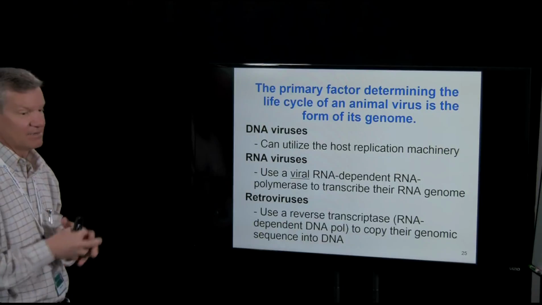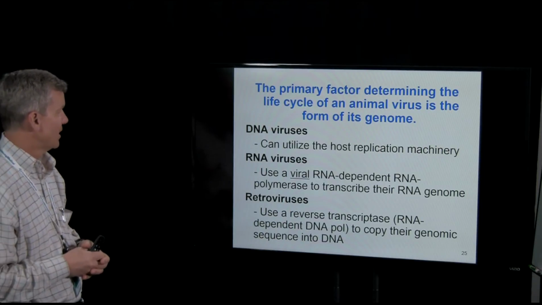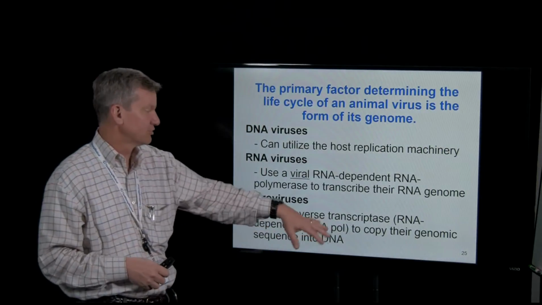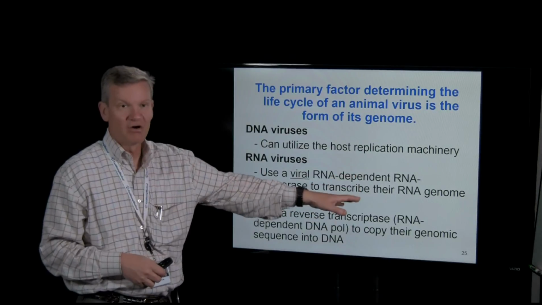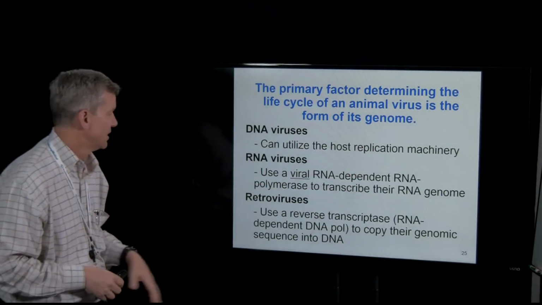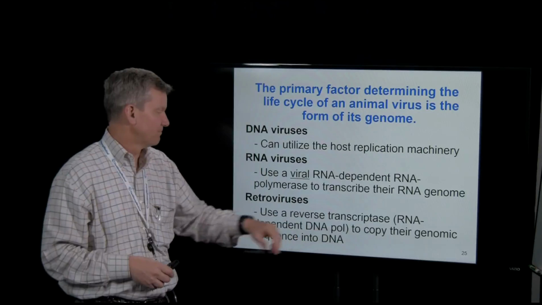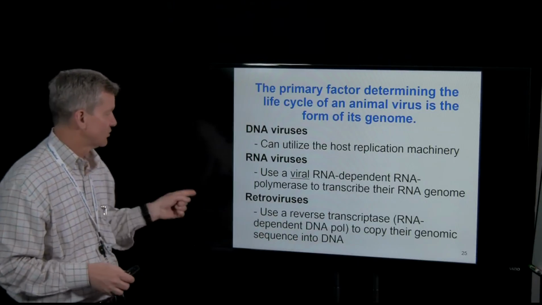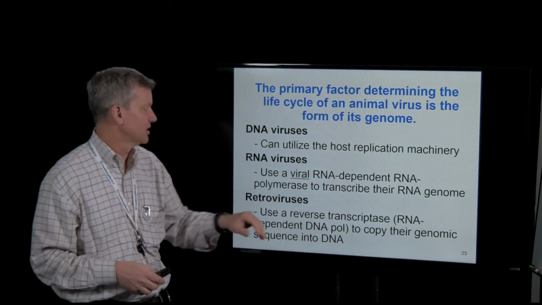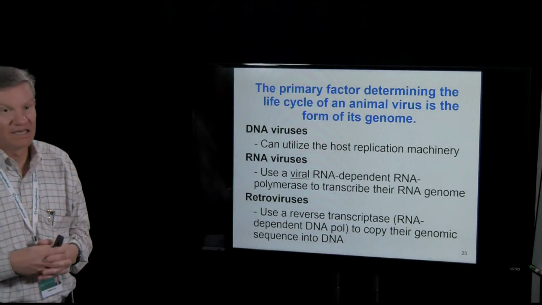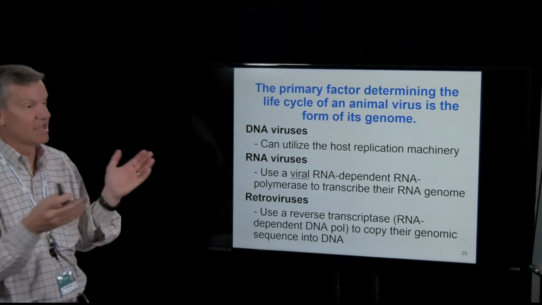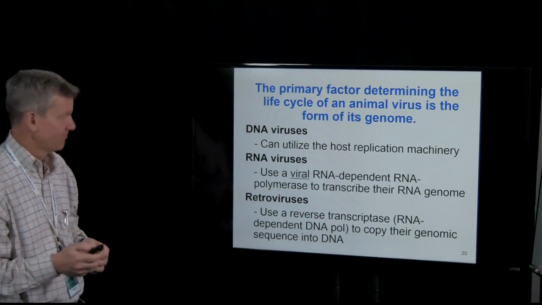We make DNA-dependent DNA polymerases. And then retroviruses use a special reverse transcriptase, which turns their RNA, their negative sense RNA genome, into double-stranded DNA. So reverse transcriptase is actually an RNA-dependent DNA polymerase because it turns RNA into double-stranded DNA.